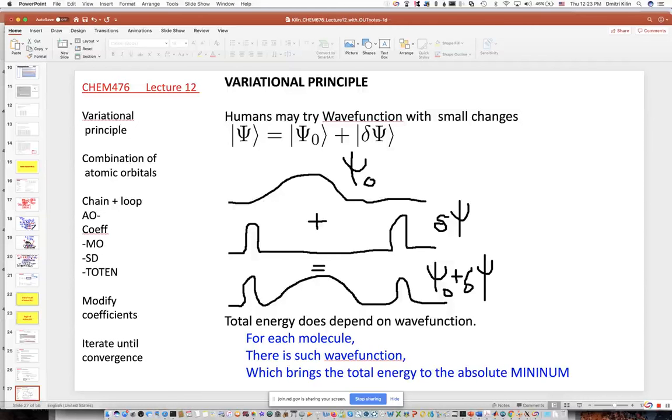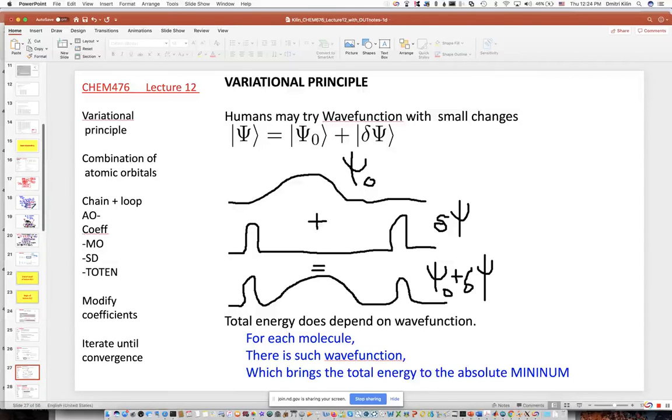Here is an illustration. Suppose that psi naught is a maximum, in some region of the multidimensional wave function, it will be like a maximum. Then we add a little addition in other things, and the new wave function will have a more complicated structure.